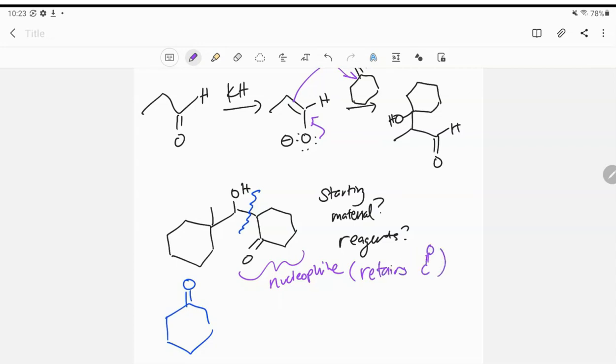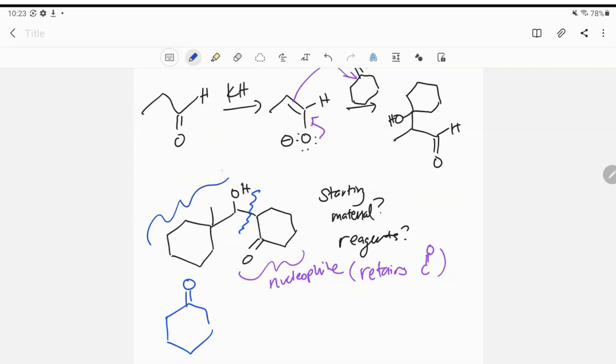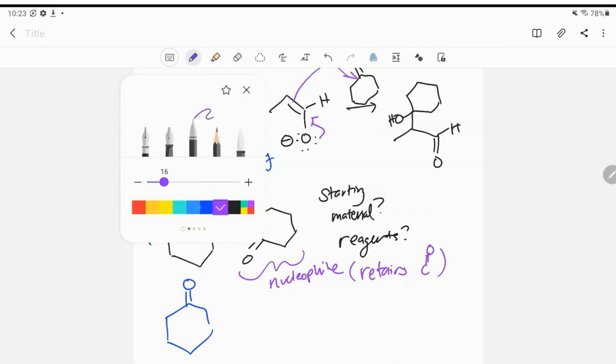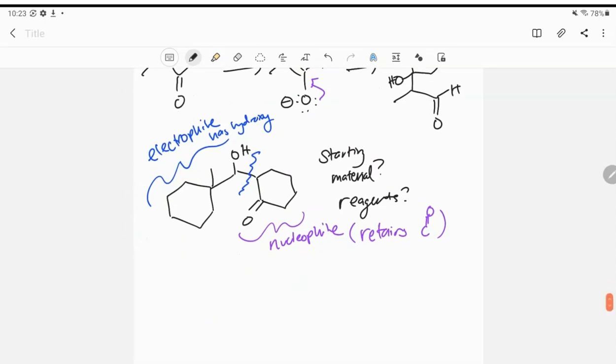The electrophile is the part that will have the hydroxy group. So this part here is our electrophile. And so if we're to redraw that electrophile, let me not draw this one in blue. So our nucleophile must have been this one.